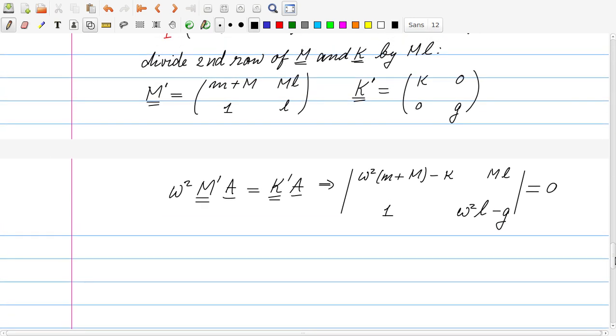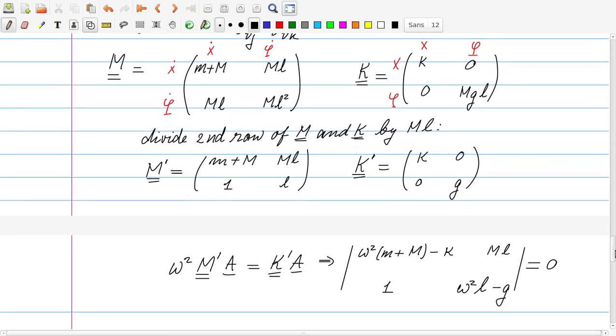And then using those values for omega, I can also identify the eigenvectors which form the amplitudes of the normal modes.